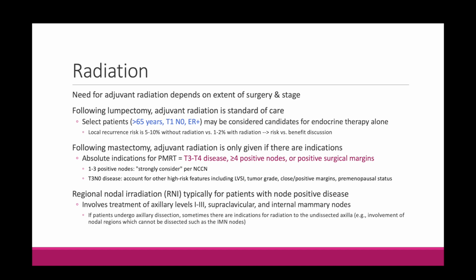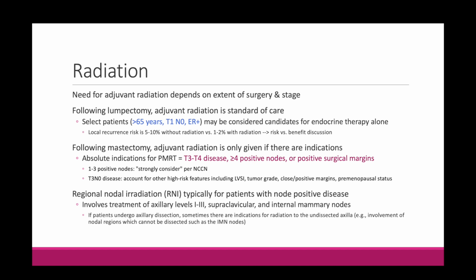These patients still have to take endocrine therapy for 5 years. And there are ongoing trials to see if maybe doing just the radiation and omitting the endocrine therapy might be equivalent to doing 5 years of endocrine therapy with no radiation. So these are ongoing areas of investigation.